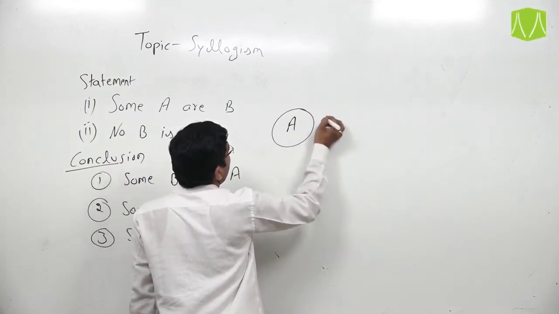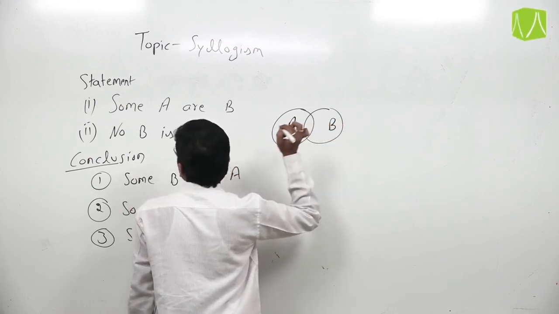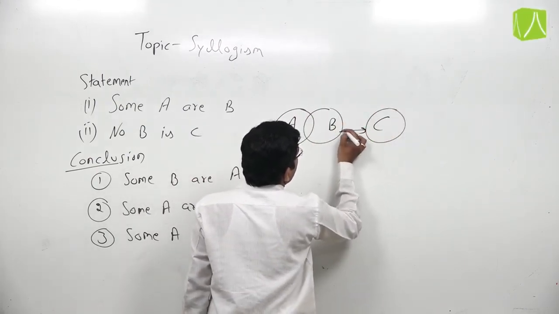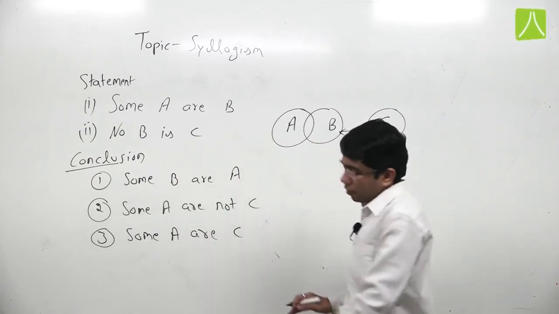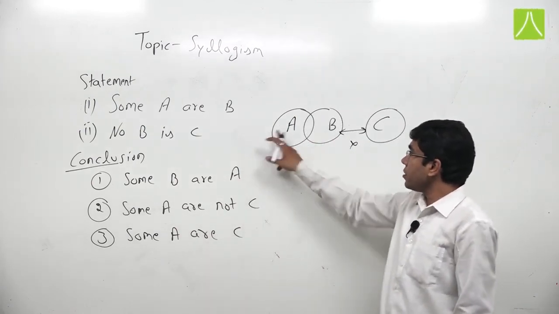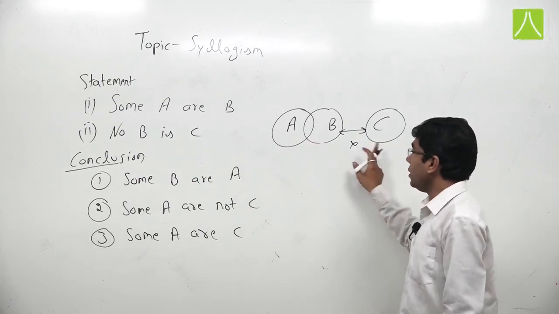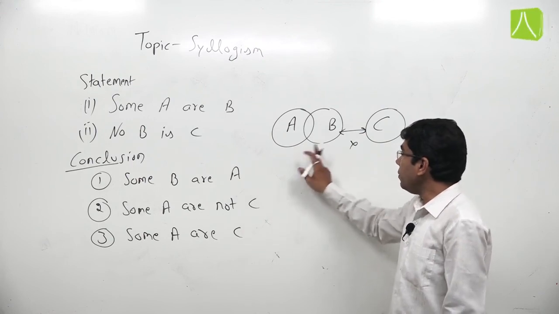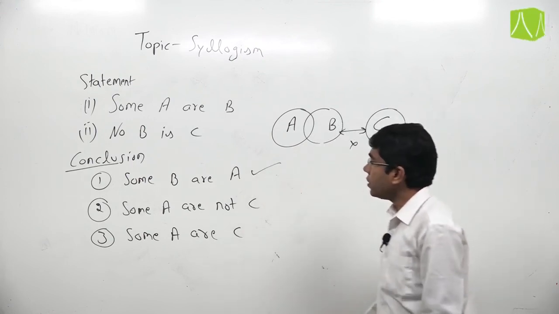Some A are B and no B is C. It is our diagram. First conclusion, some B are A, positive conclusion, B and A are connected, so first conclusion is correct.